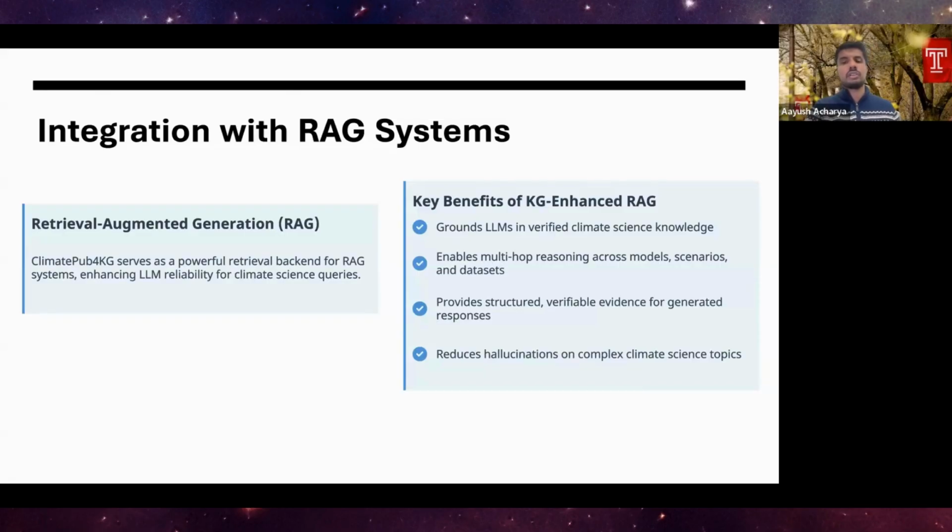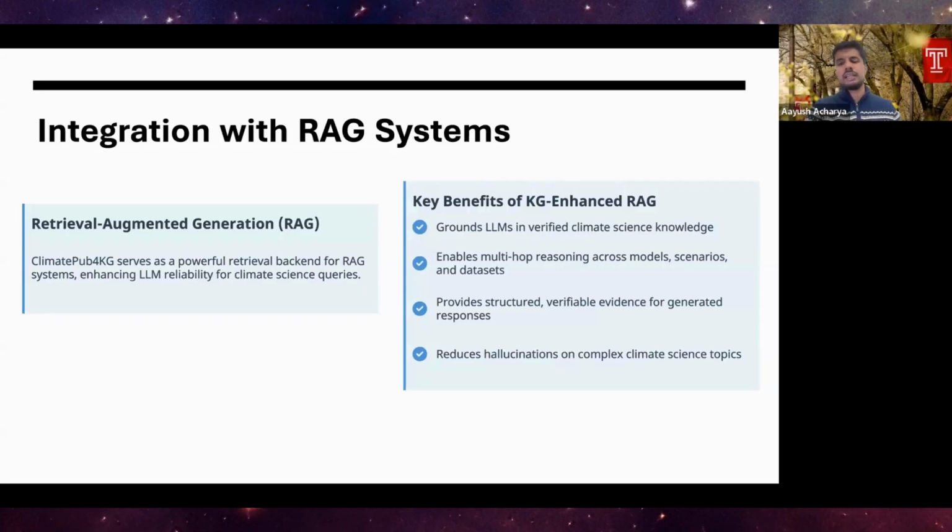A RAG architecture usually grounds the LLM to produce answers from a knowledge base which is proven, which is known to be true. So ClimatePub4KG serves as a powerful retrieval backend for RAG systems, and it enhances LLM reliability for climate science queries.